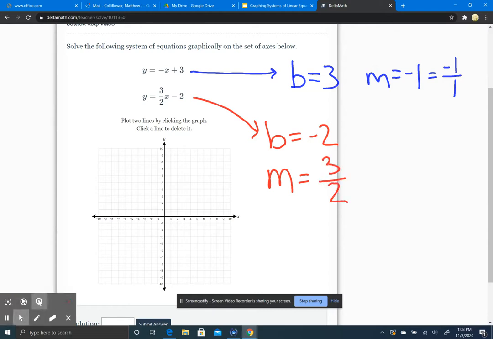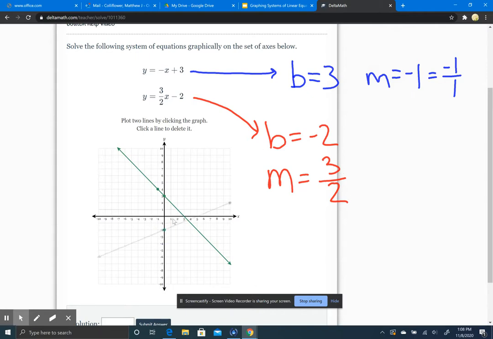So when I go to graph this, the first thing I'll do is graph the y-intercept of my first line, which was 3, and then count my rise and my run. So I'm going to go up 1 and over 1 to the left so that this has a slope of -1. For my second line, my y-intercept is at -2.